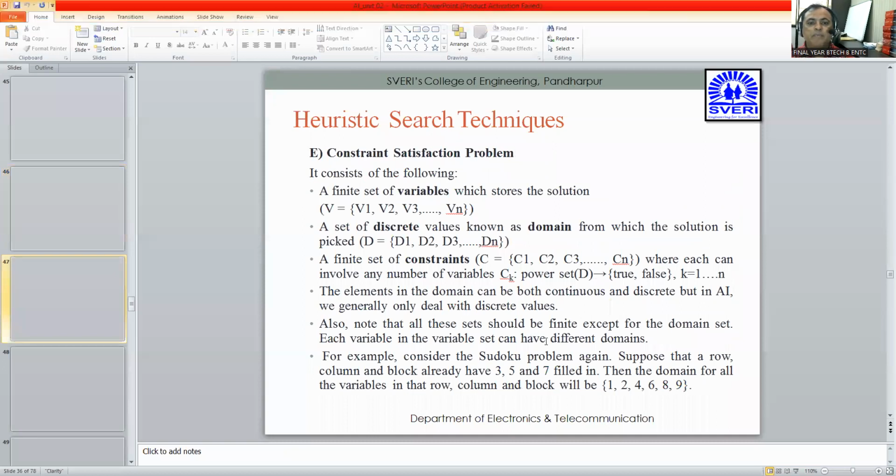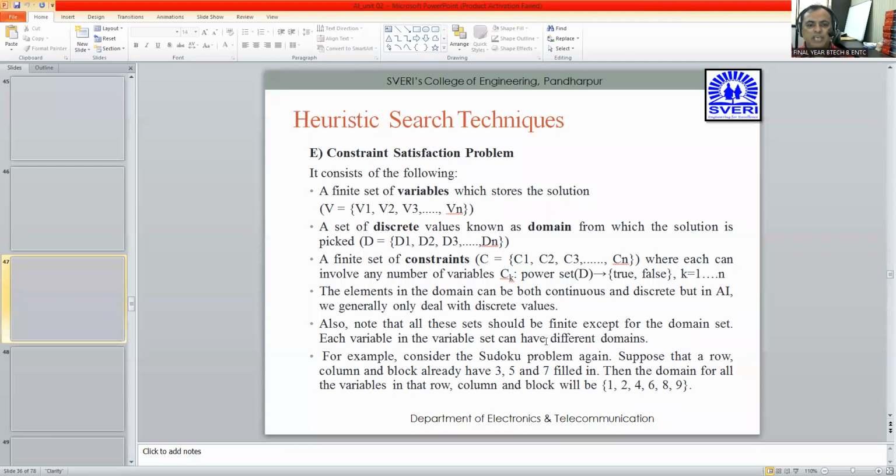You can give an example of how mathematically you can formulate the constraint satisfaction problem. Here we can say that there is a finite set of variables V1 to Vn, discrete values known as domains, D1 to Dn, and a finite set of constraints C1 to Cn. Each one can involve any number of variables.